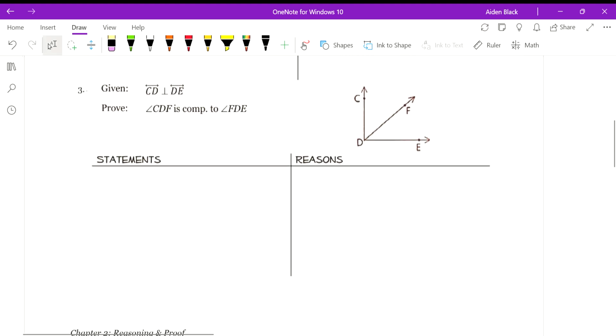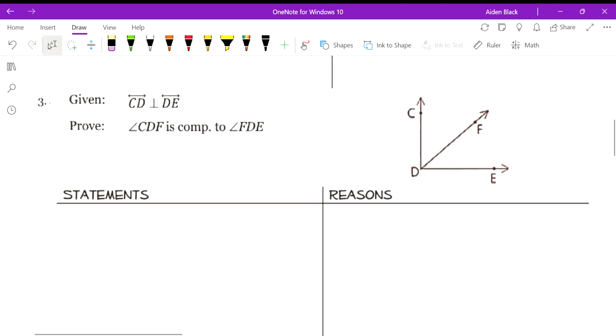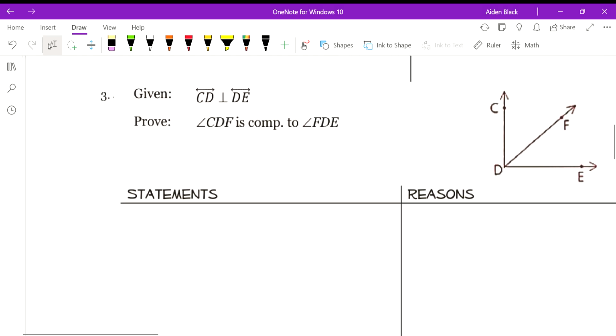Cool. We got time to look at question 3 here. What we're given is that CD is, and do you remember this symbol? You need to remember what this symbol means. It's perpendicular. Perpendicular, what does perpendicular mean? Well, by definition of perpendicular, we know that when two lines or rays or segments are perpendicular, they form right angles.